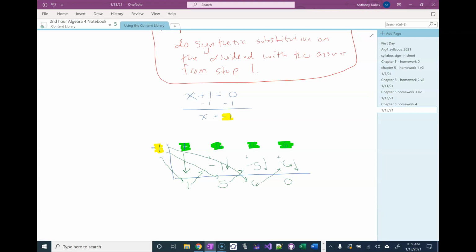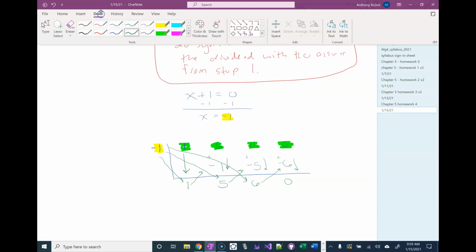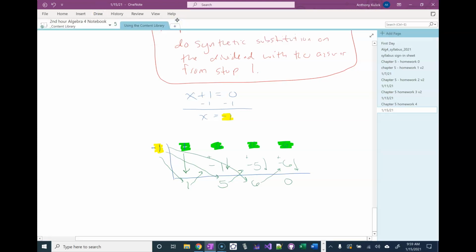Somehow this gives me the answer, which is pretty rad, right? That's considerably faster and considerably less space than the long division was, right? Way less opportunity to drop a negative or do something silly there because all you're dealing with here are numbers, no variables.